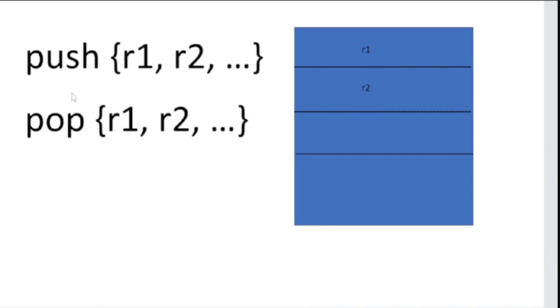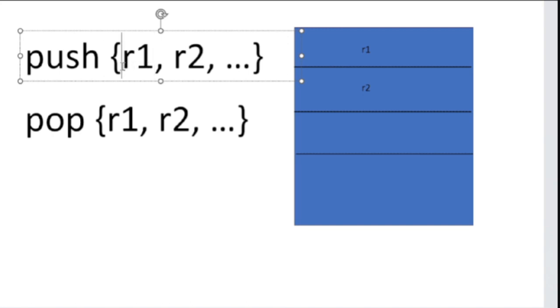So we have push, which, based on the different values you have within the curly braces, pushes those values into the stack. So notice here I pushed register 1, register 2. Now, keep in mind that it doesn't actually push the register itself into the stack. It pushes the value contained within the register into the stack.